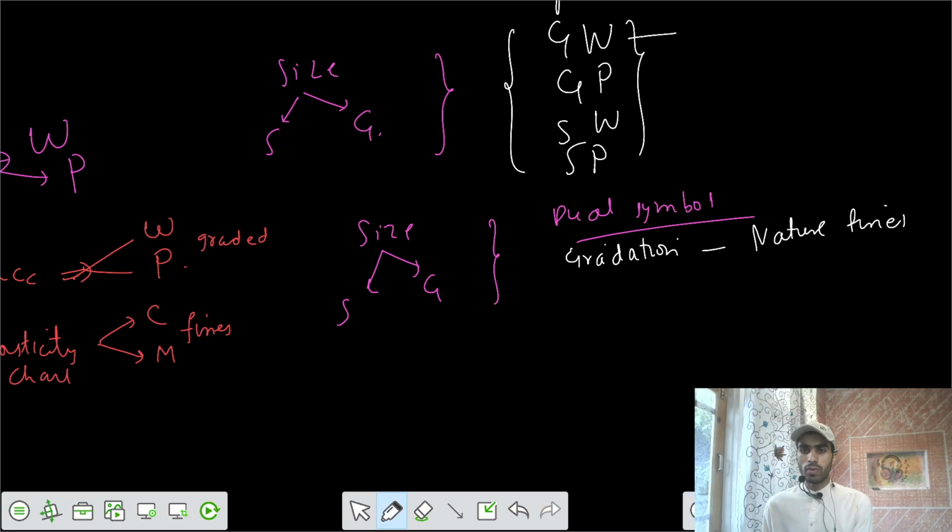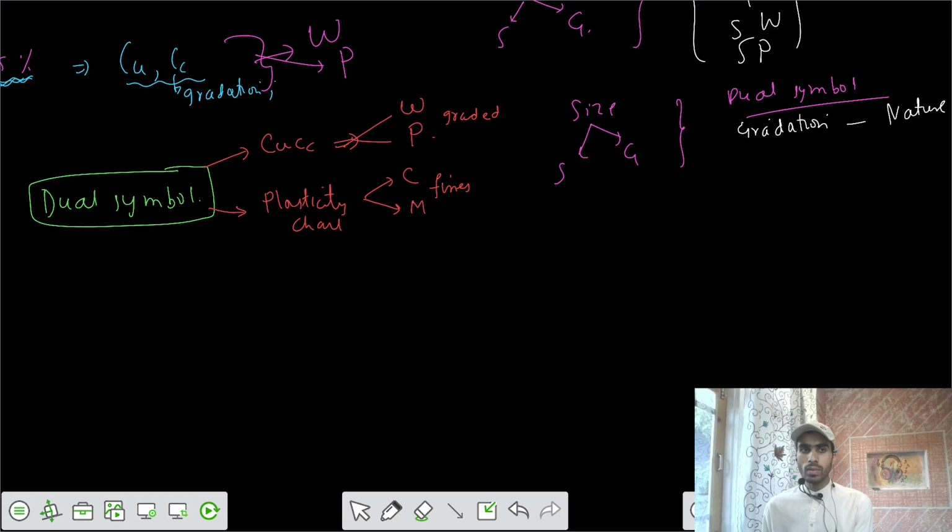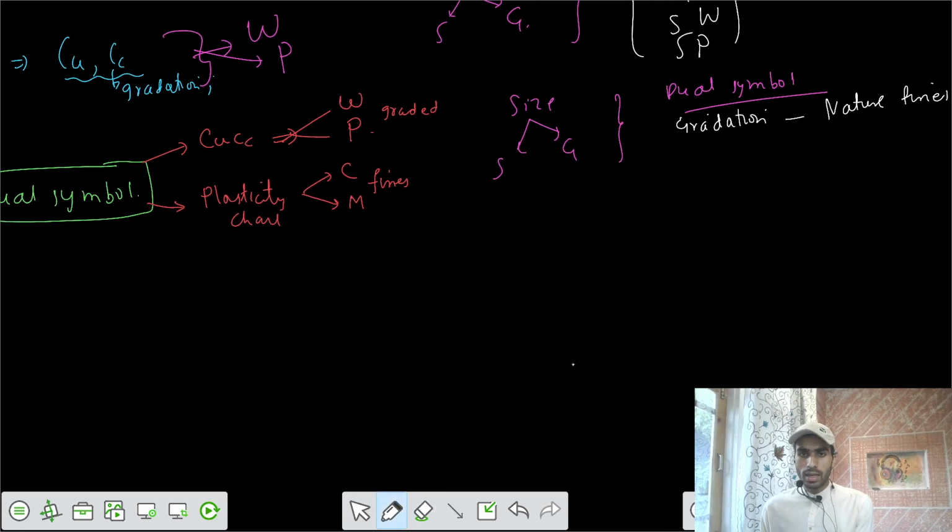Let's see what we are going to write here. Let's have an example. Say our soil is gravel, the gradation is well graded, and the nature of fines is silt. So one combination is well graded gravel with silt as fines.